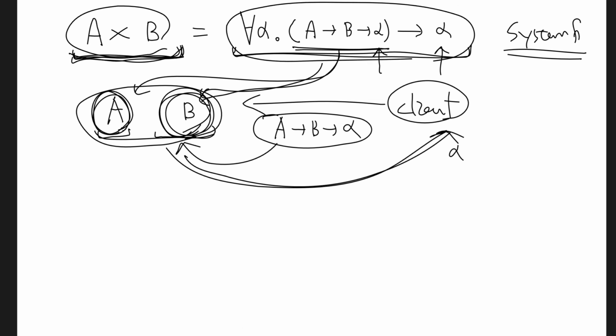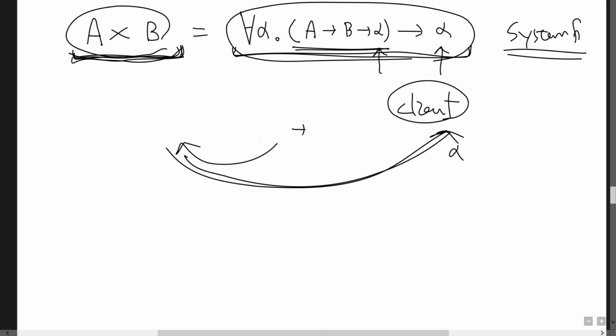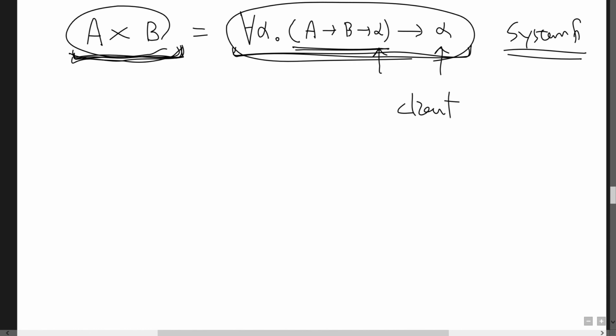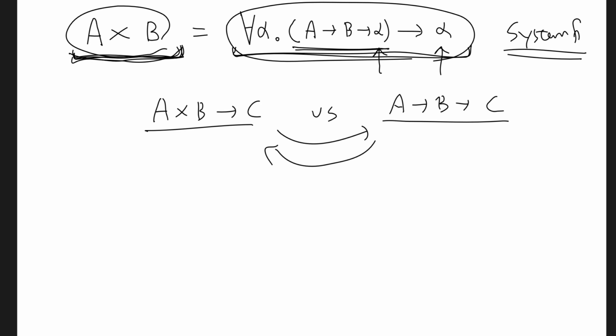So we can express the idea on encoding product type at the level of types here in system F. And this also reminds us of the equivalence between those two functions, say A times B arrow C and A arrow B arrow C. We learned that these two types are equivalent by currying and uncurrying. There's no difference, and we can even explain the equivalence in logical terms.